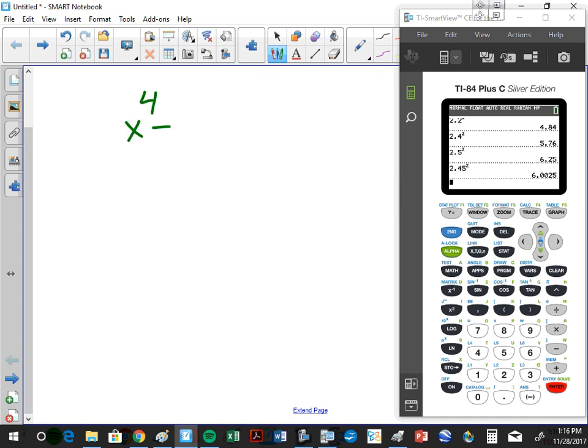X to the fourth minus, we'll do, what is that going to be? So negative 33 x squared minus, no, plus 200.